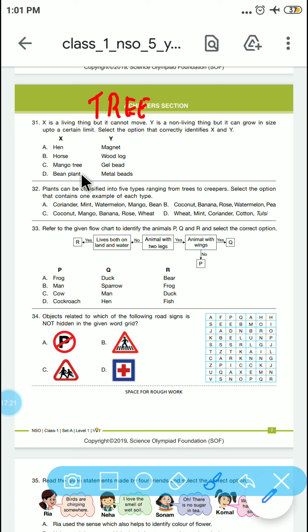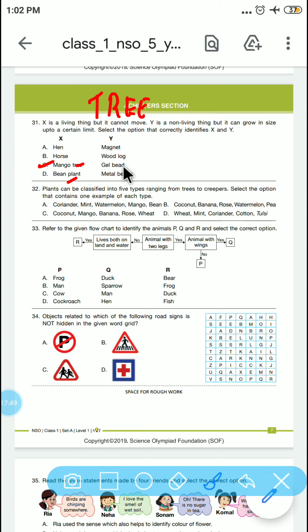So which of the options here in X shows the tree, bean plant and mango? So option C and D, we have two options. Now let's see, here we have a kind of non-living thing which can grow to a certain limit. So metal bead and gel bead.